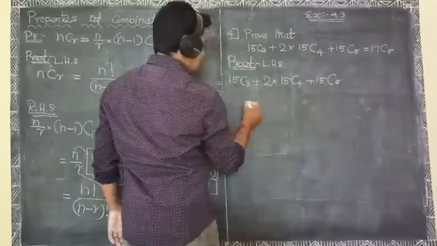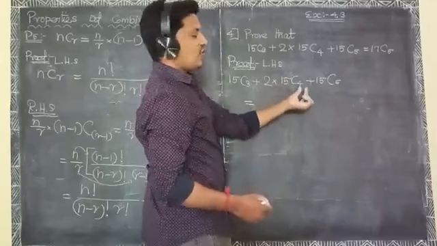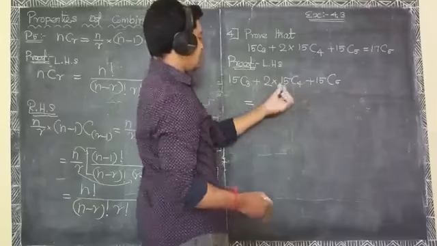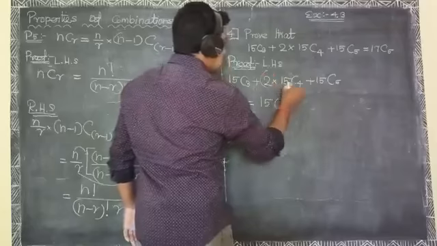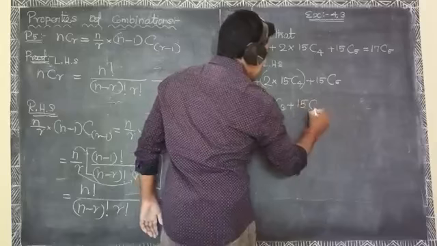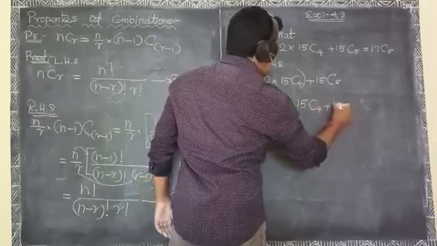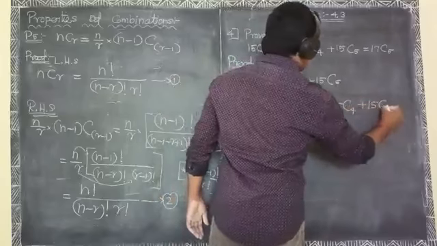Here 2 times 15C4 is 15C4 plus 15C4, isn't it? Yes, so we can write 15C3 plus 15C4 plus 15C4 plus 15C5.